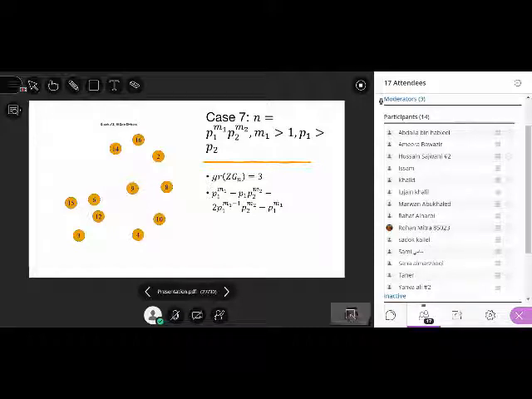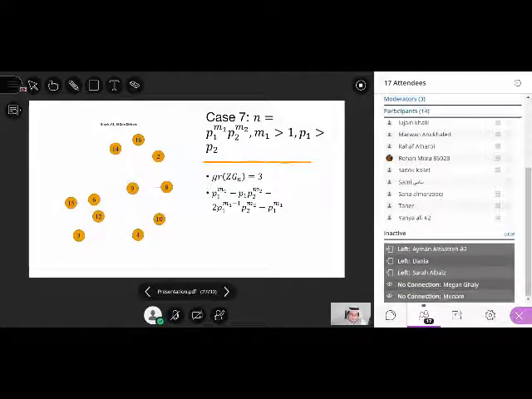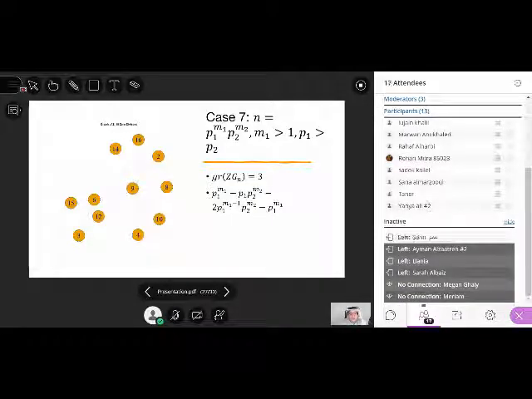Let's take, for example, P1 to be 3, so M1 is 2. So we start with 9, and P1 times P2 to the power of M2, in our case, would be 6, then 12, and 12 goes back to 9. So there always exists an odd cycle.